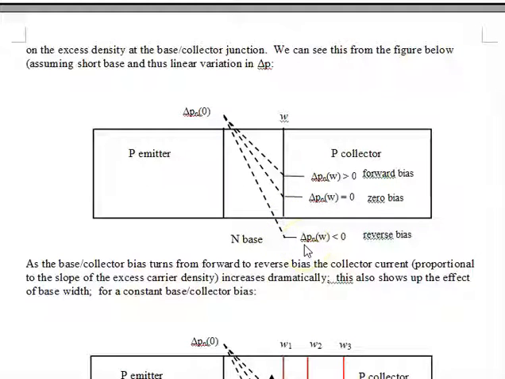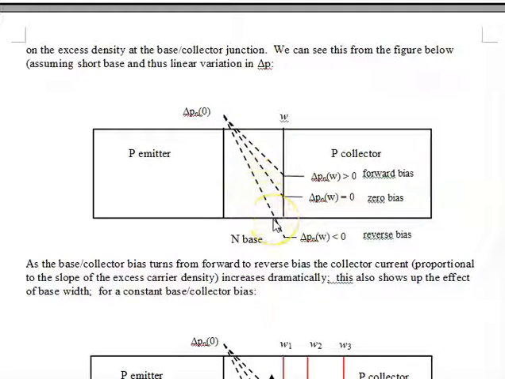In fact, it becomes equal to the minority carrier concentration in the base. If the minority carrier concentration in the base is 10 to the third, this right here becomes minus 10 to the third for the excess. And that's a good thing, because look at the slopes. The slope here is not so high. The slope here is very high.